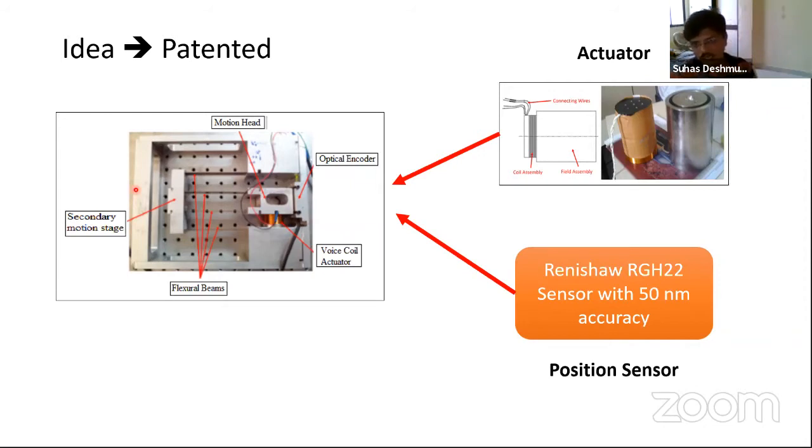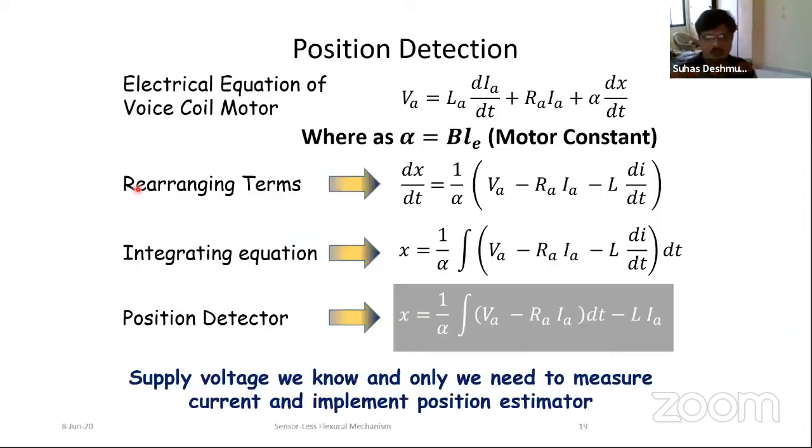The voltage you apply across this coil will be divided into three components across the voice coil actuator: the voltage drop across inductance, the drop across resistance, and the drop due to the relative velocity of your magnet and coil part.